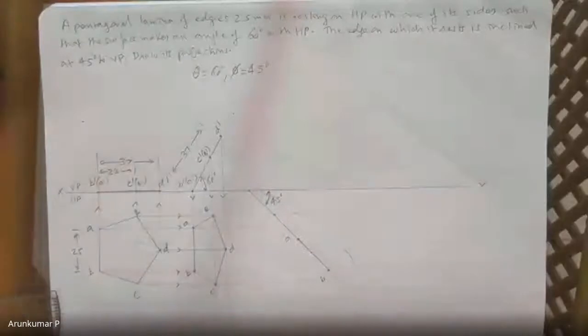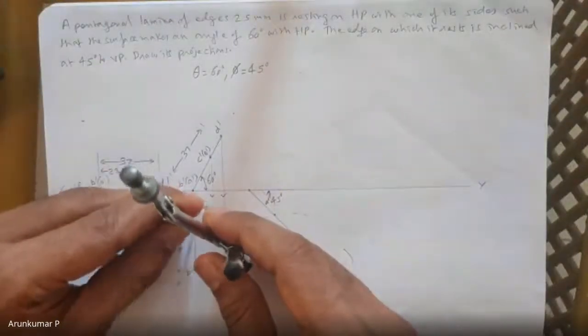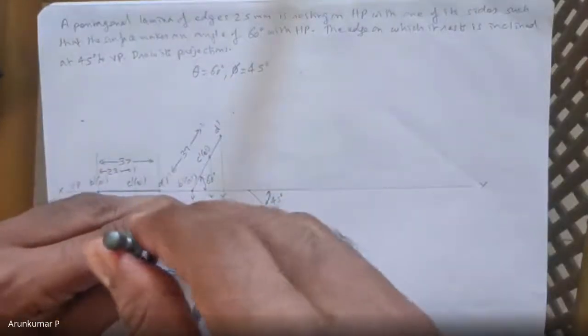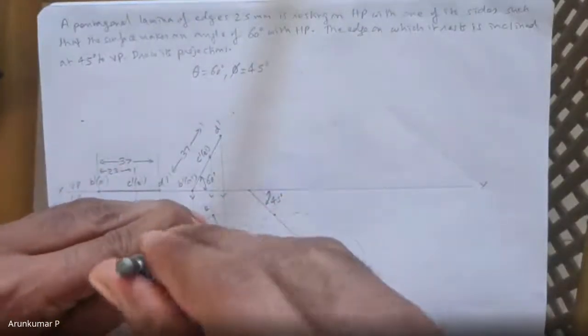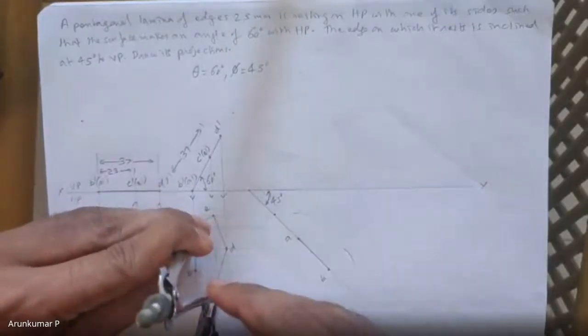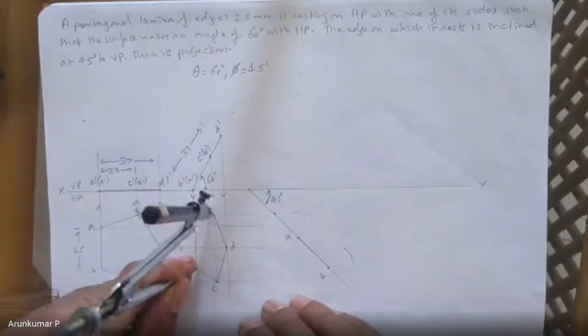So I'll make two arcs, and then from A, I'll measure the distance A to C. You can either measure A to C, or you can measure B to E, both are same.